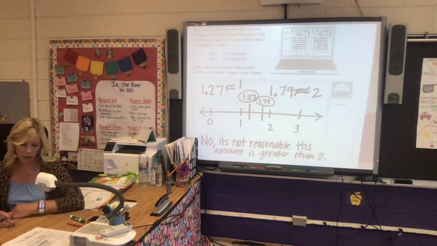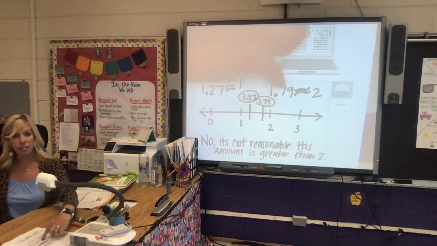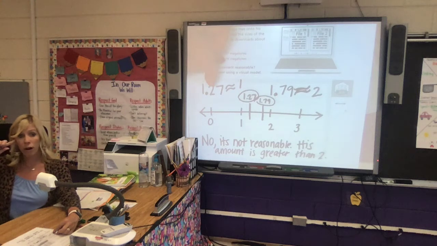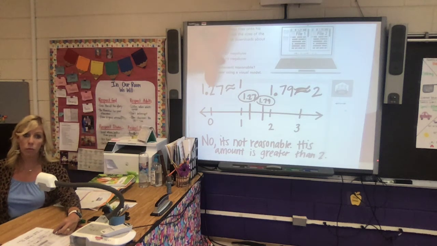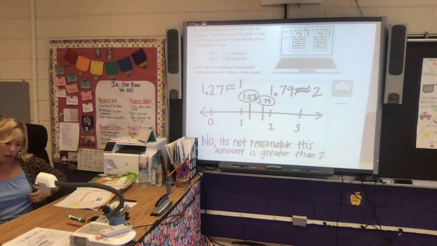We know it's going to be greater. Just 1 plus 1 is 2. If we've got, let's say, 79 cents and 27 cents, we can probably figure out in our head that's also going to give us a whole number when we add those together. So no, his is not reasonable.